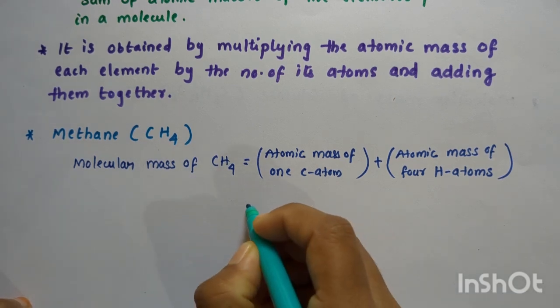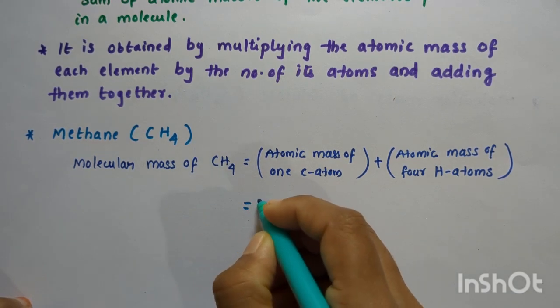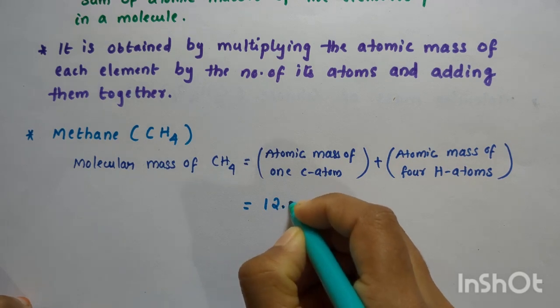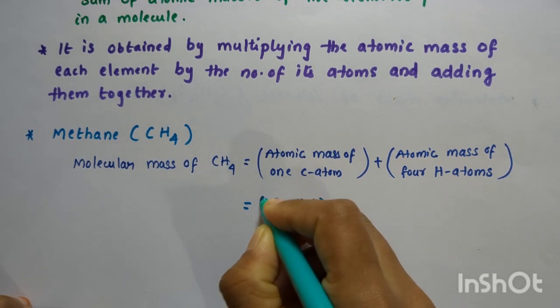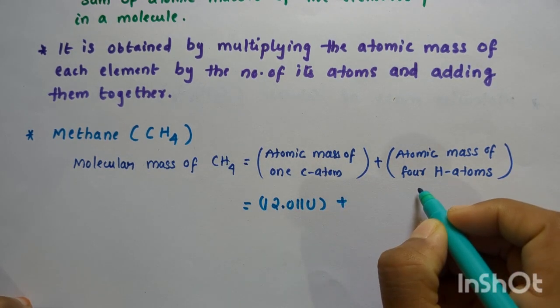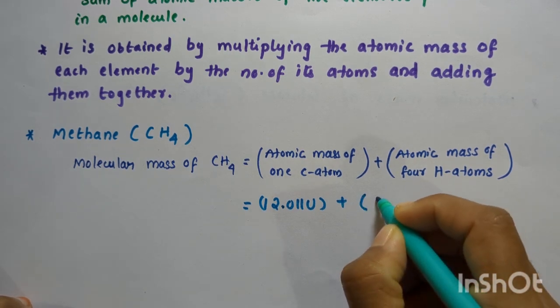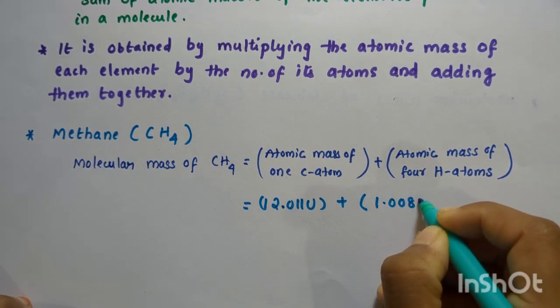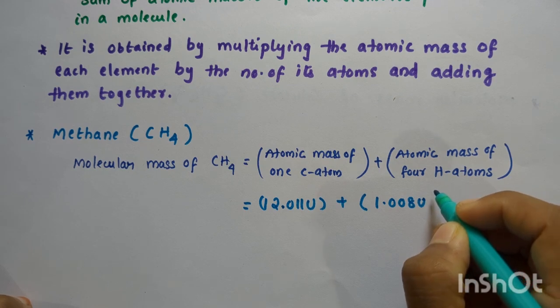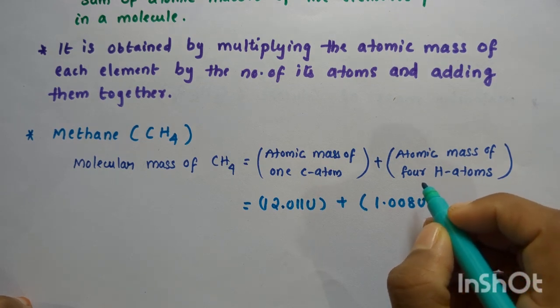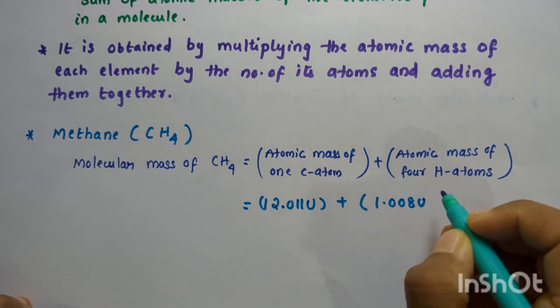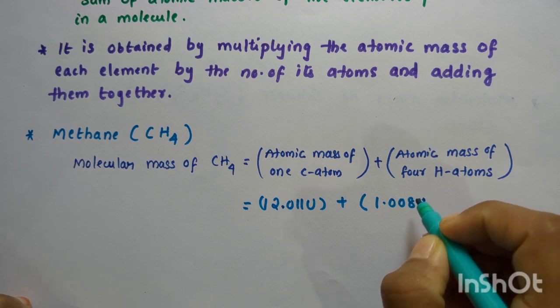The atomic mass of 1 carbon atom is 12.011 u. Then the atomic mass of 4 hydrogen atoms: the atomic mass of 1 hydrogen atom is 1.008 u, and there are 4 hydrogen atoms. That is why we multiply the atomic mass of each element by the number of its atoms.